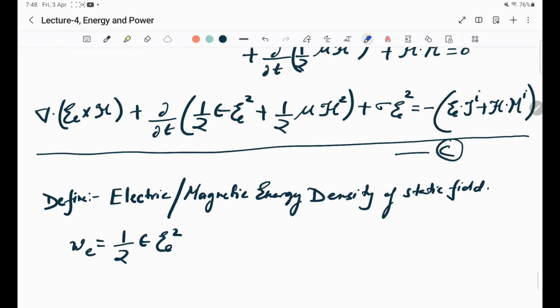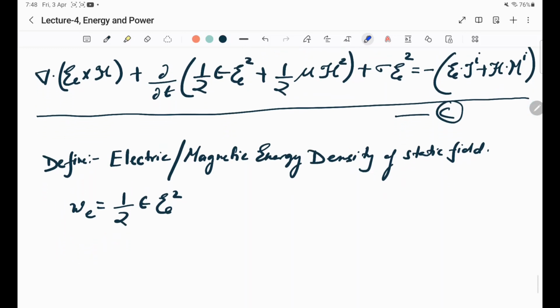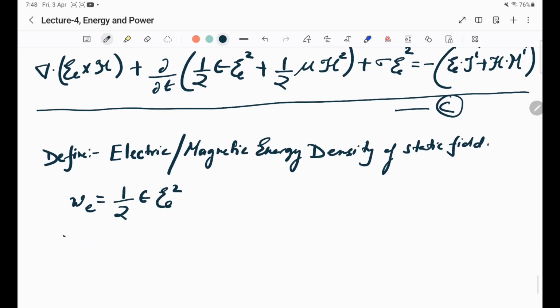You look at this term: this term is defined as the electric energy density, which is WE. Similarly, we will define Wm as half mu H squared. So this term is defined as the magnetic energy density of static fields.